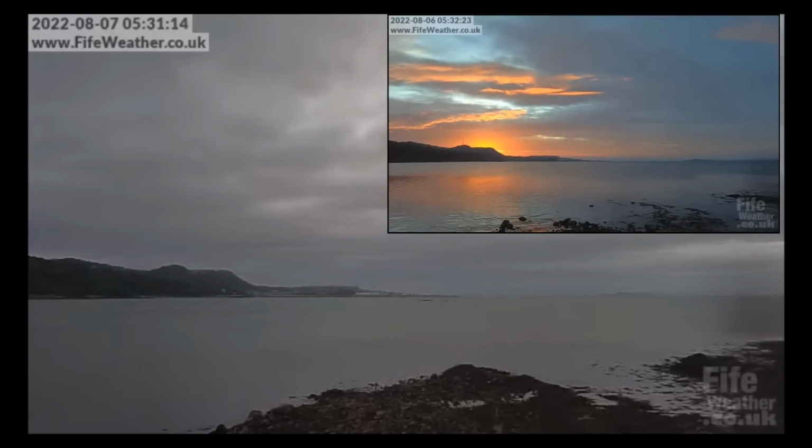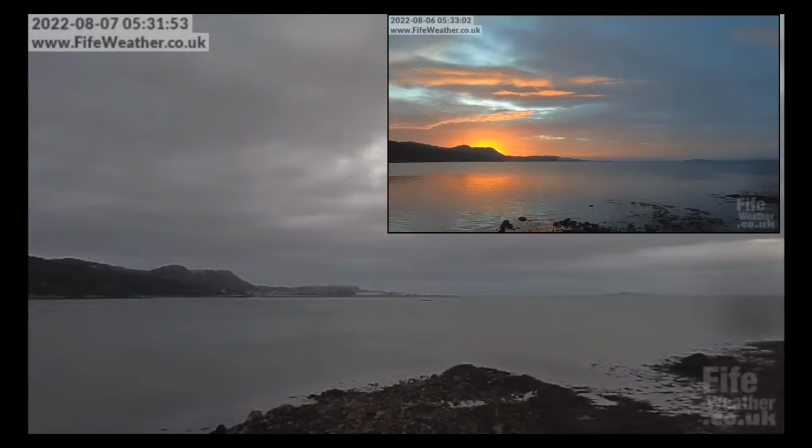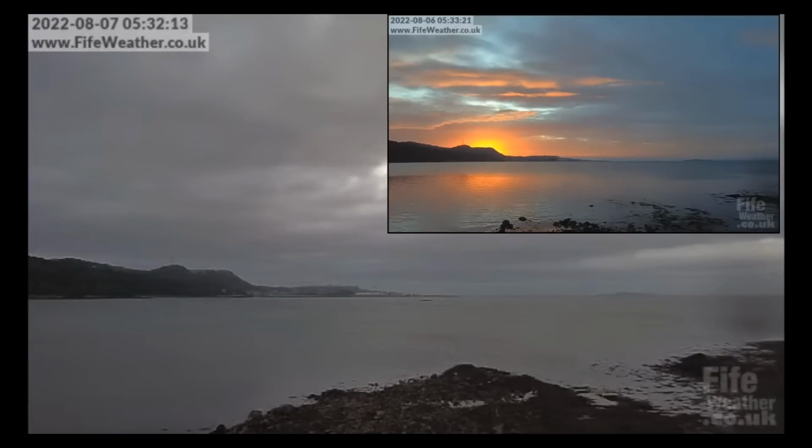Now on August 6th, as you can see, the sun is rising at 5:32, but at 5:31 there is no trace of the sunrise, because they probably kill all the colors that are showing up, so as not to reveal what actually happened on this camera or in front of this camera.